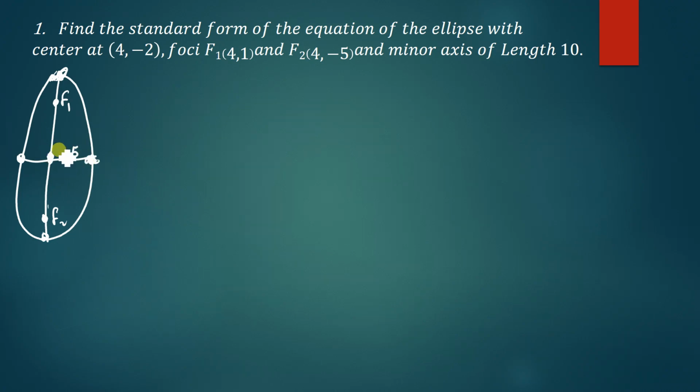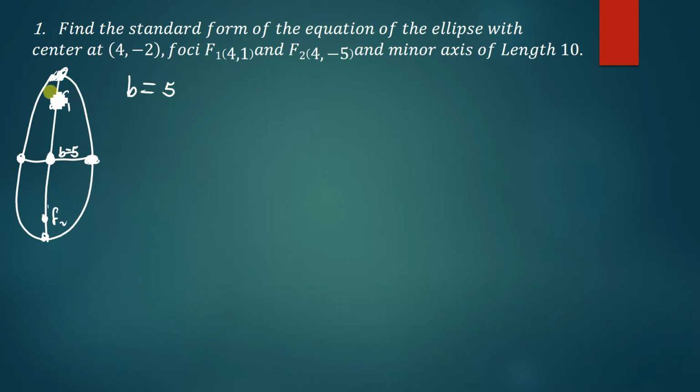And remember, this distance from the center to one vertex on the minor axis is denoted by B. So our B is simply 5. We have managed to find B. B is equal to 5.